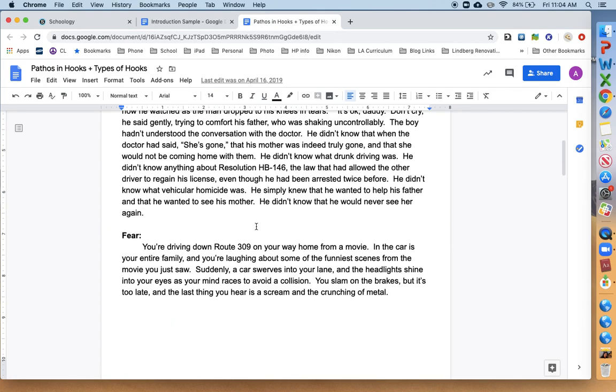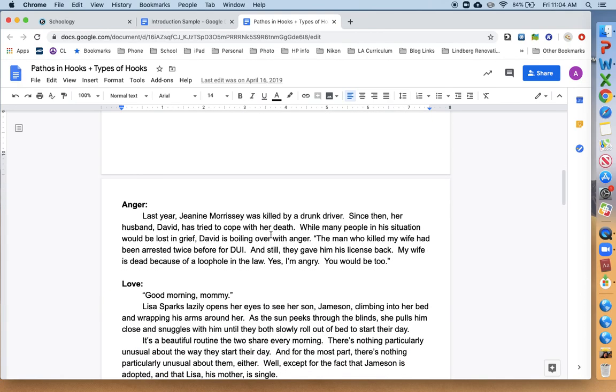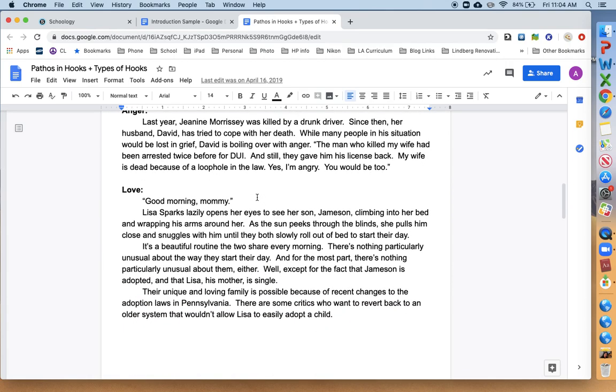There's an example of fear, which puts you, the reader, into an accident caused by a drunk driver. And anger was a husband who was angry at the system, who let a drunk driver basically get away with it multiple times and killed his wife. Okay. The last one was about changing adoption laws, and that one uses the emotion of love.